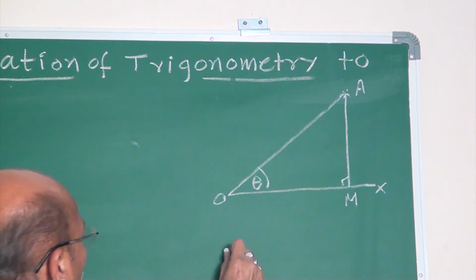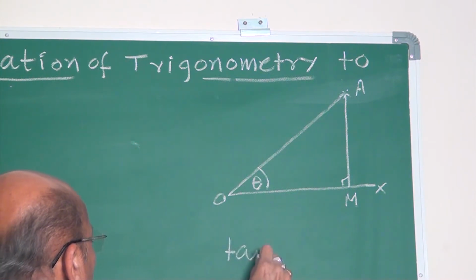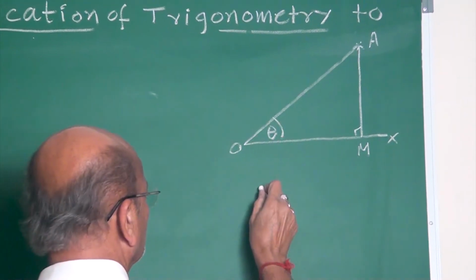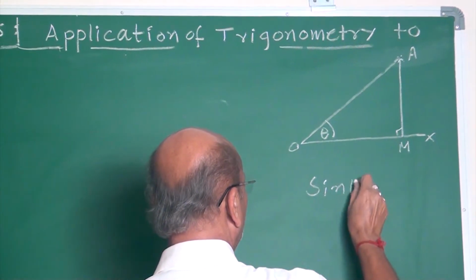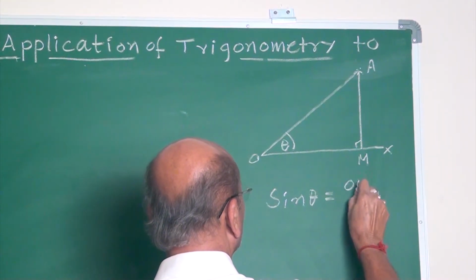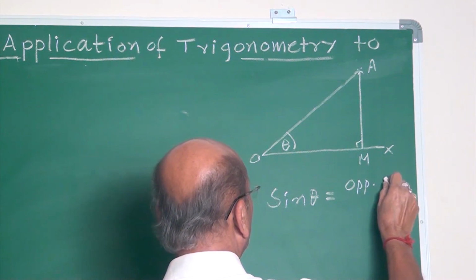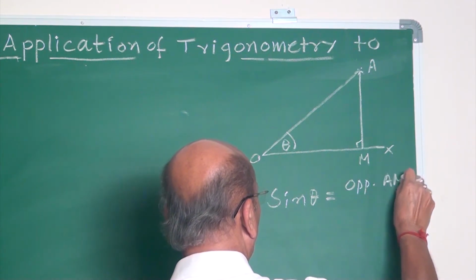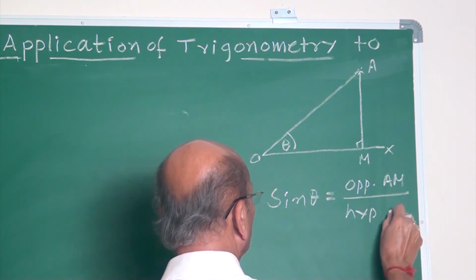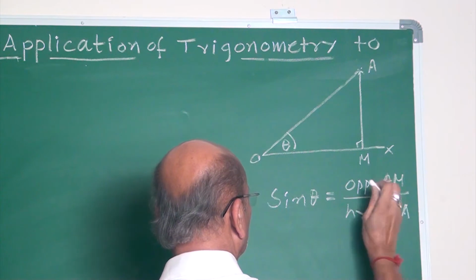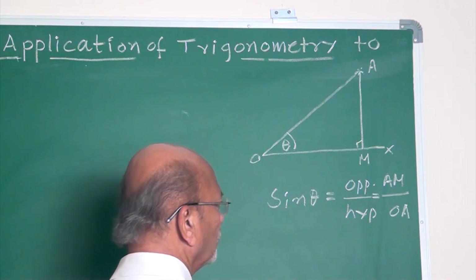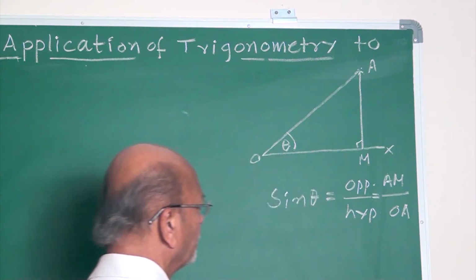then you are forming what? Tan theta. Sin theta. That all things comes, my friends. Sin theta is what? Opposite side AM upon hypotenuse. What is hypotenuse? OA. So sin theta is opposite upon hypotenuse, AM upon OA.